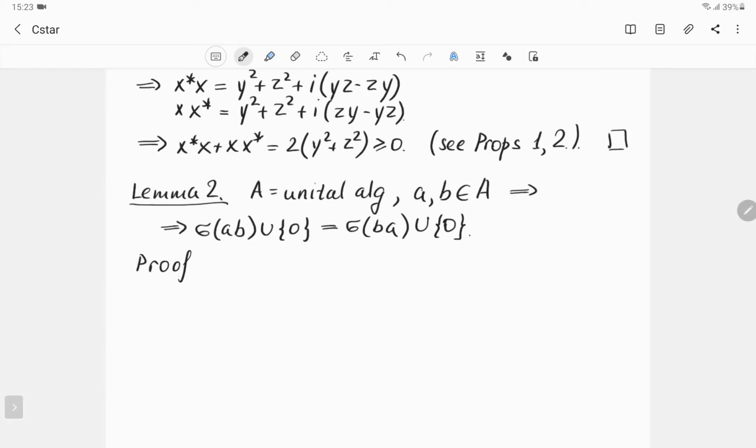To prove this lemma, it suffices to show that 1 minus ab is invertible if and only if 1 minus ba is invertible.